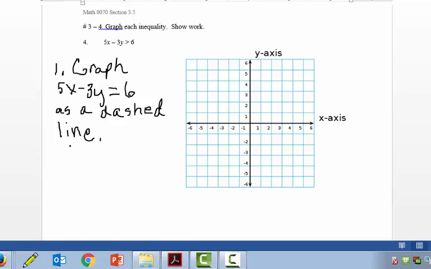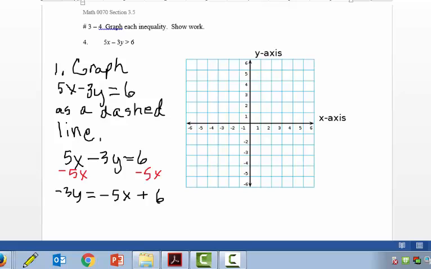So I'm going to take this equation and put it in slope-intercept form. I'm going to subtract 5x from both sides. So I get negative 3y equals negative 5x plus 6.